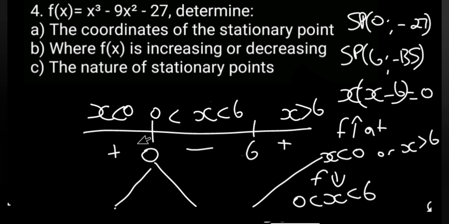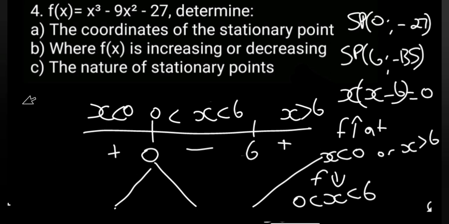For the nature of the stationary points, since f is increasing at the left and decreasing at the right of the stationary point (0, negative 27), it is a local maximum.